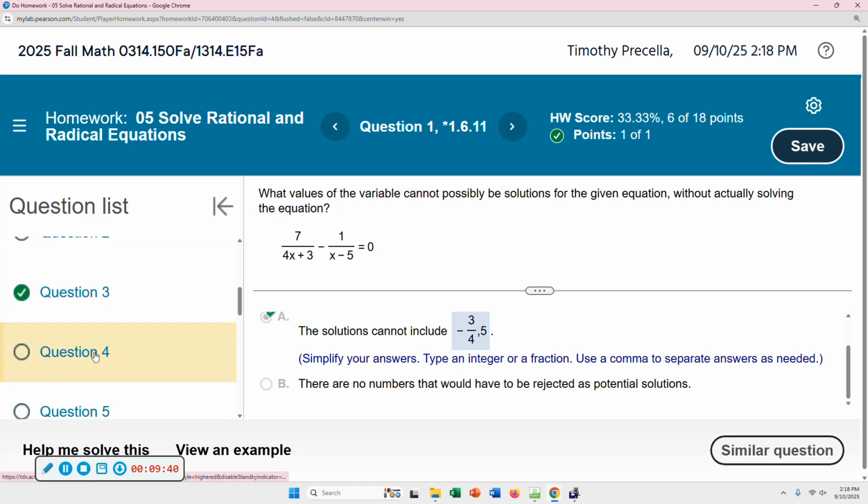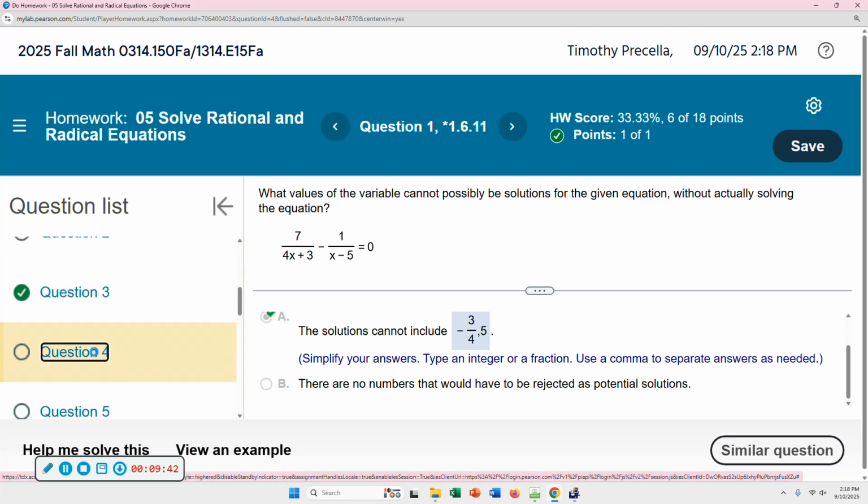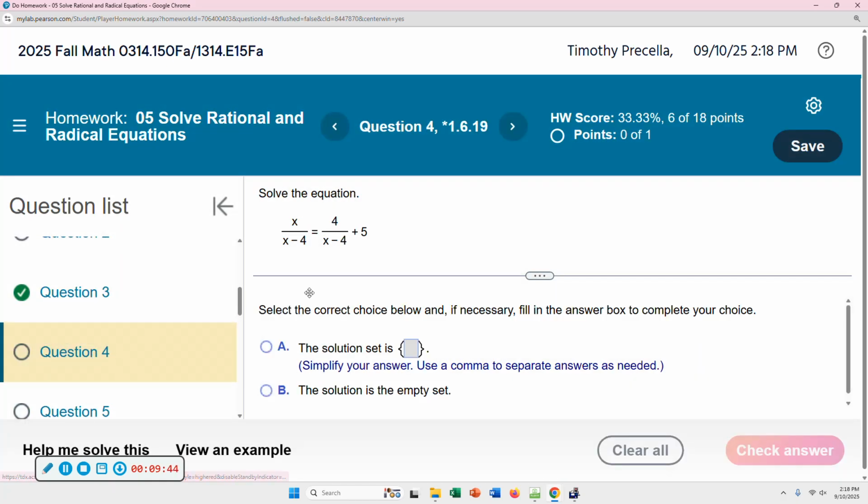Here's a problem 4, which says solve. This one we're actually going to solve, but notice, there's this option B. It's possible you'll go through and get numbers. What number would make those fractions undefined? That doesn't take too much effort.